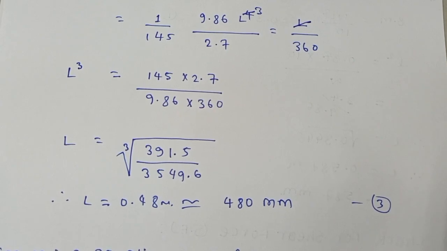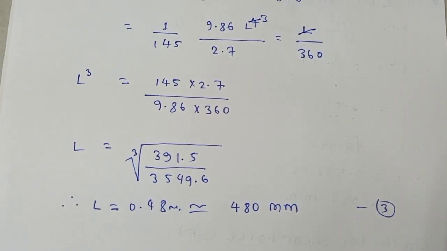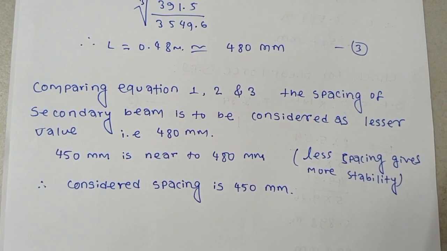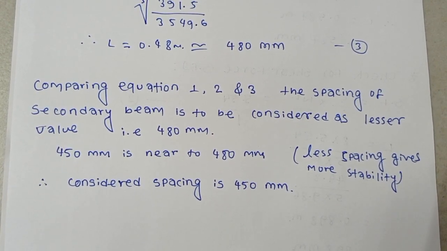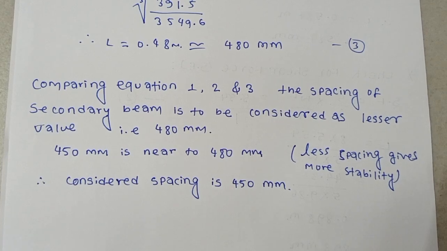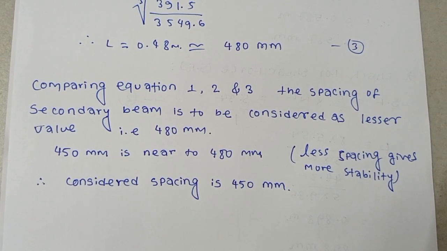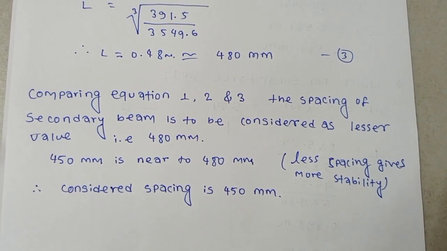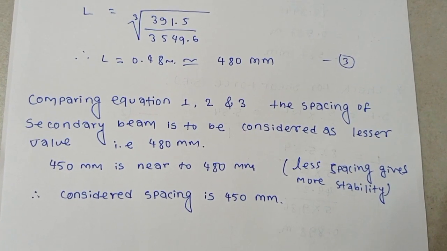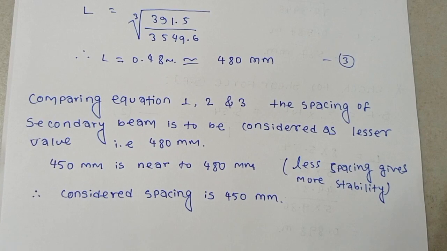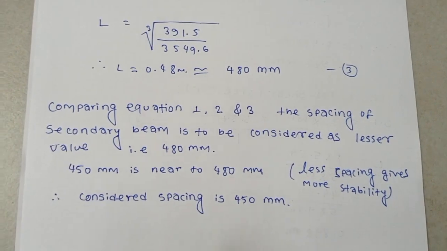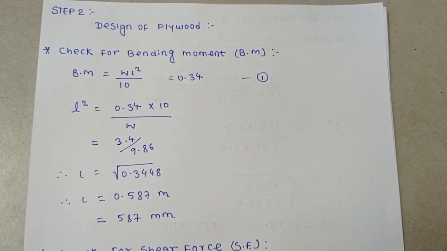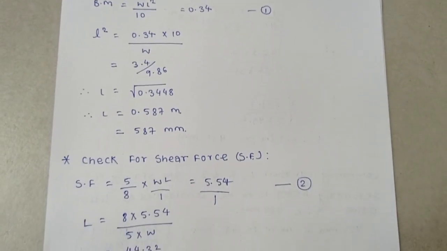Now comparing equations 1, 2 and 3, after comparing, the spacing of secondary beam is to be considered as the lesser value, that is 480 mm. Equation 3 is the check for deflection, equation 1 is the check for bending moment, and equation 2 is the check for shear force.